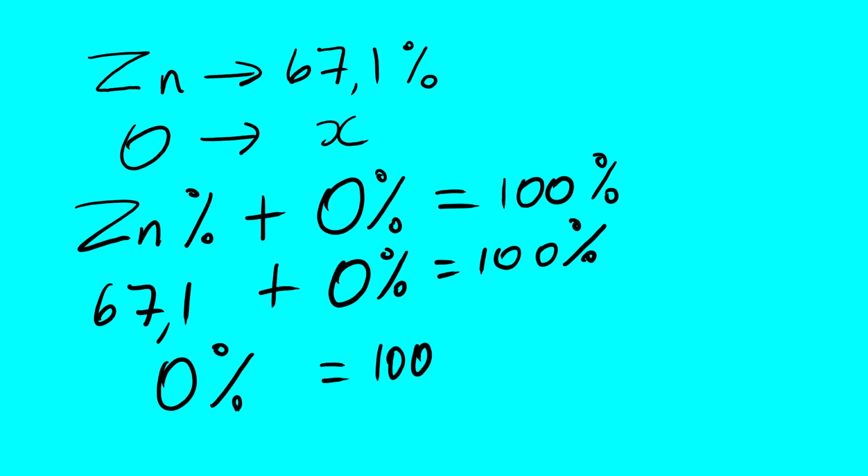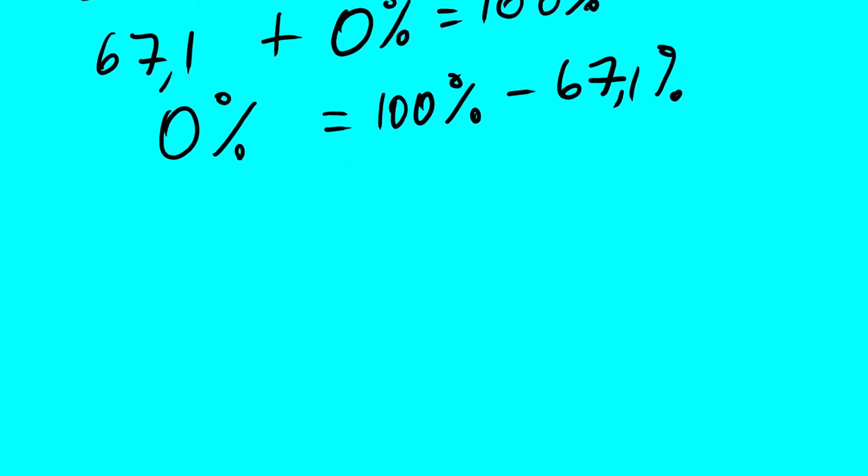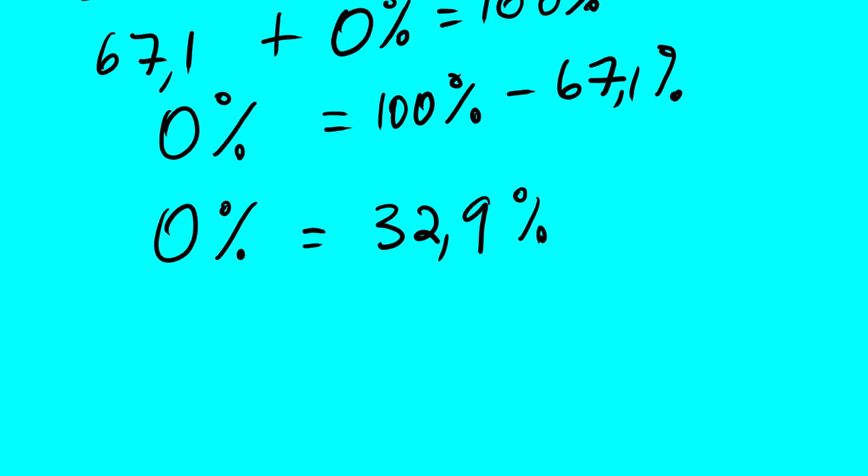We have 100% minus 67.1%, which gives 32.9%.